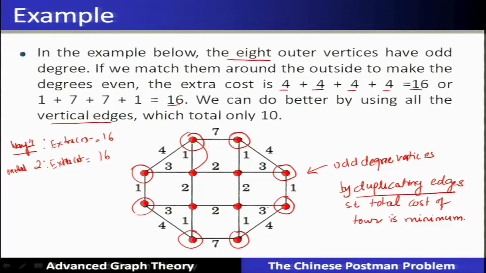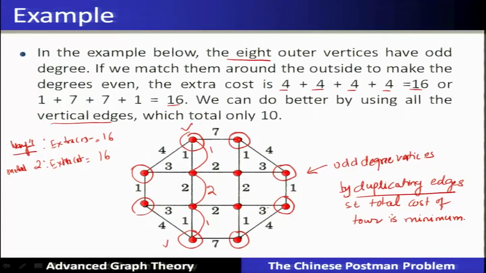If we add it, this will add a cost of 1. So this particular vertex will become even, but this vertex will become odd in this case because it was earlier even. Adding one edge makes it odd. So we keep on adding another edge to make it even. Now this will become odd, so again we have to add one more edge. So this vertex will become even, and this vertex also will become even.